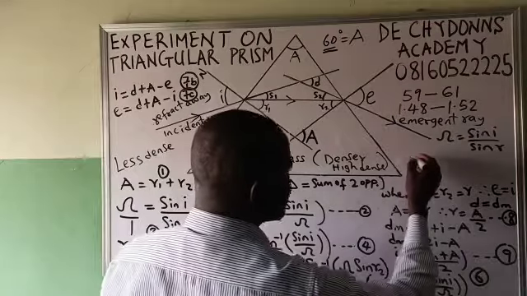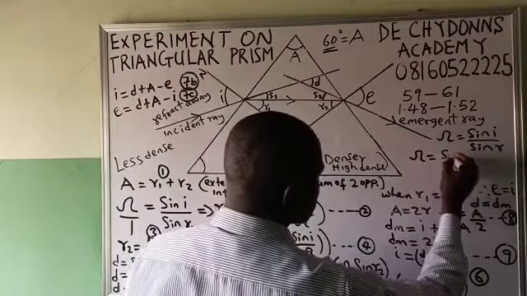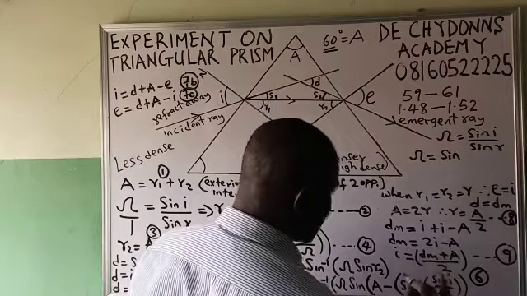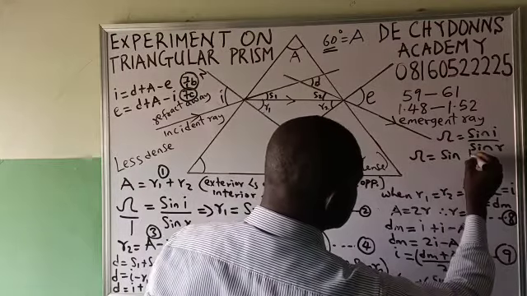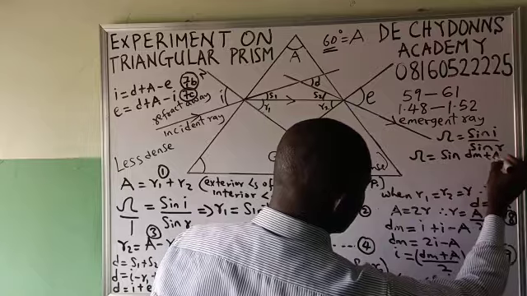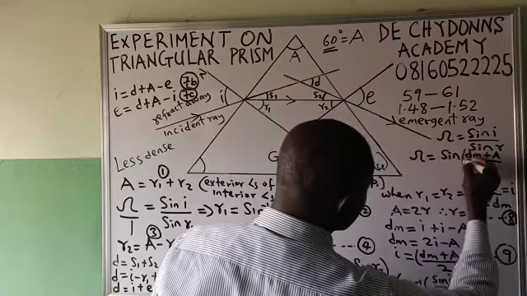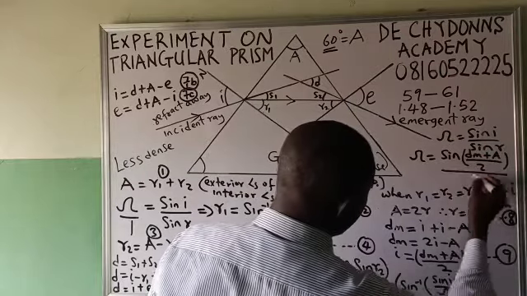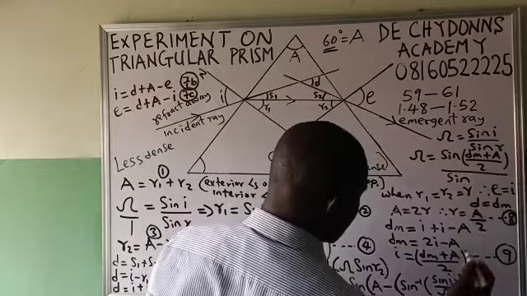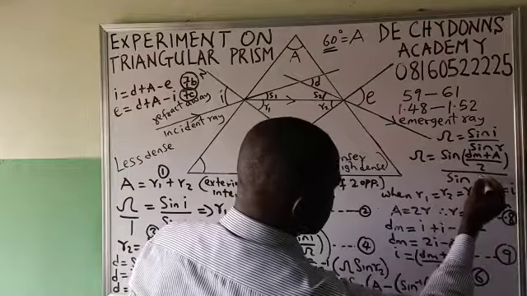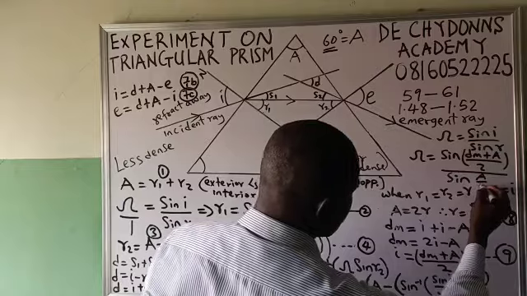So this will be equal to sine of (Dm plus A) all over 2, then all over sine of A over 2.